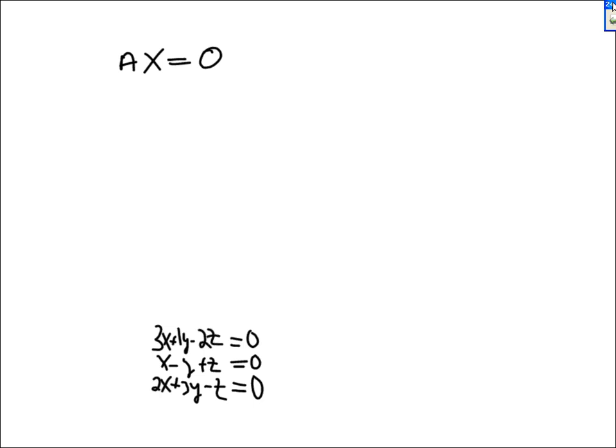Homogeneous means each equation equals 0. Why? By definition. Somebody woke up one day and, they had a lot of clout in the mathematical world, and they said, if it equals 0, we're going to call it homogeneous. It's by definition, nothing to understand. Just one more definition to know.